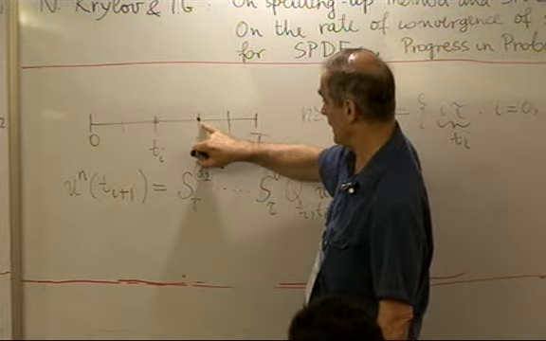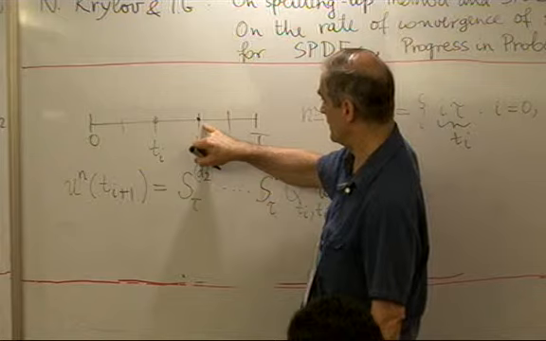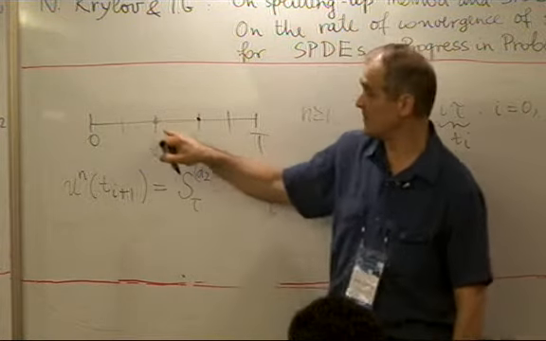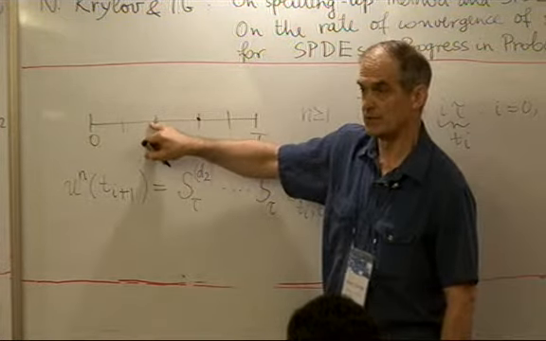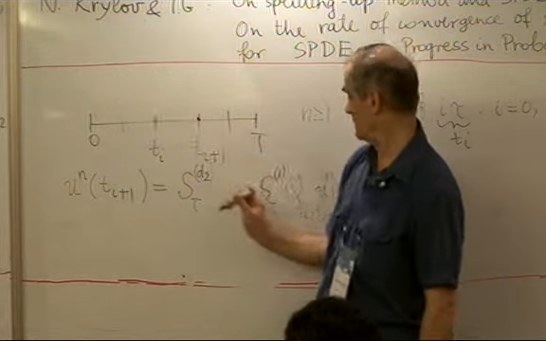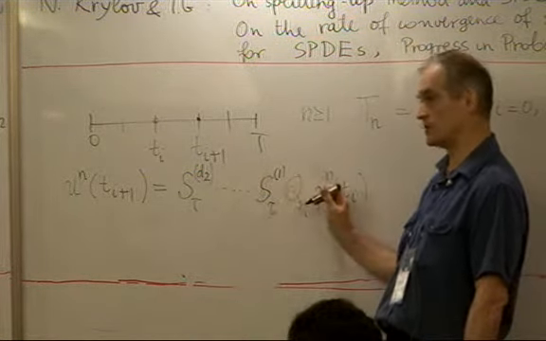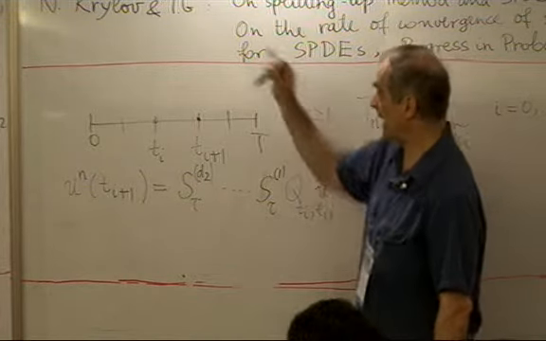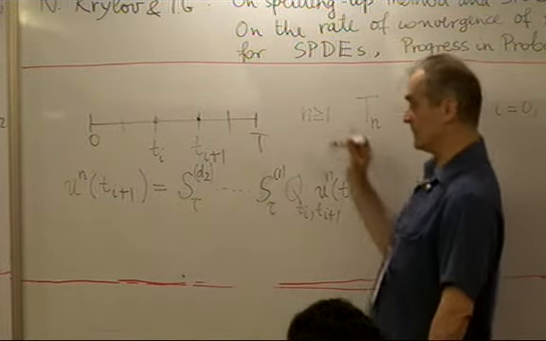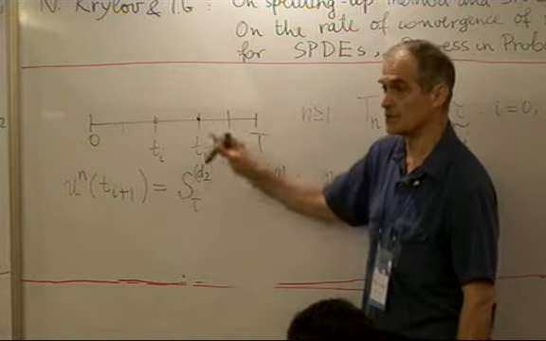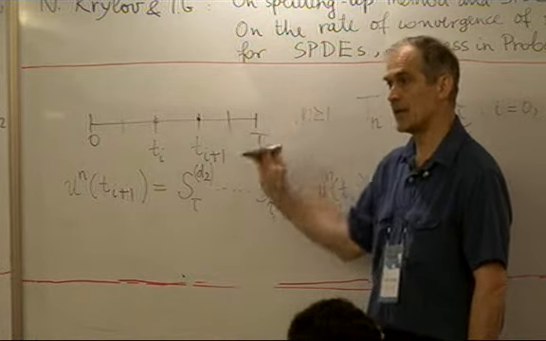Then we get a value at Ti plus 1. We take that as an initial condition for the next equation, solve with that initial condition, and then what we get we use as an initial condition for the next, and so on.